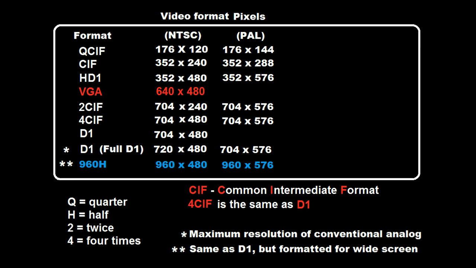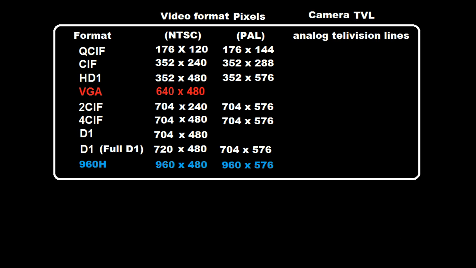Now that we've covered DVR recording formats, let's tie this into buying the correct camera for the format that you're recording in. Analog cameras aren't rated in pixels. They're actually rated in something called TVL, or television lines. There really isn't a direct correlation between TVL and pixels, but in my research I found some close approximations of how they should actually relate. An inexpensive camera that's 420 TVL is roughly 510 by 492 pixels.